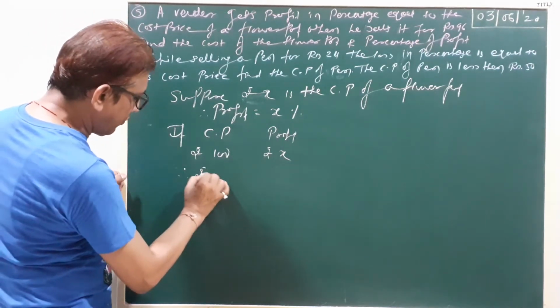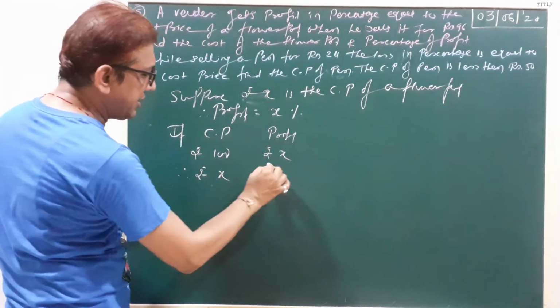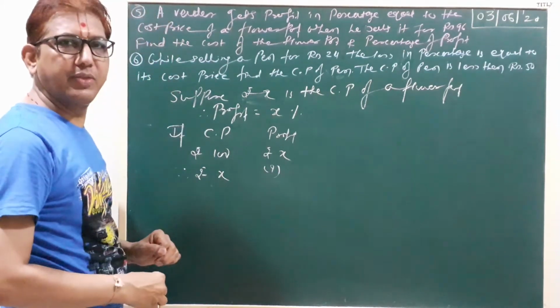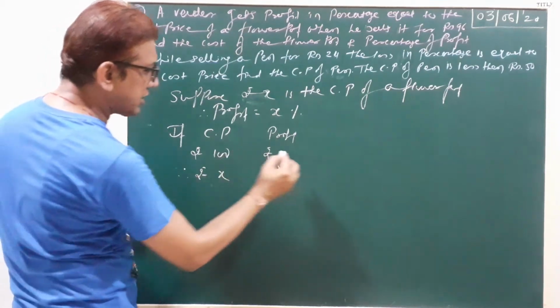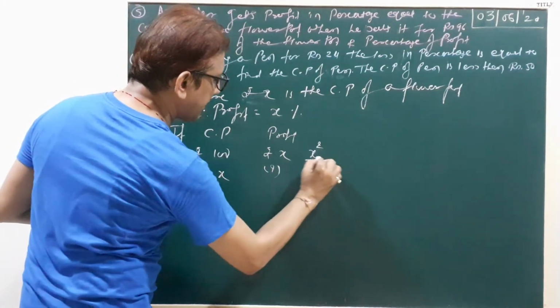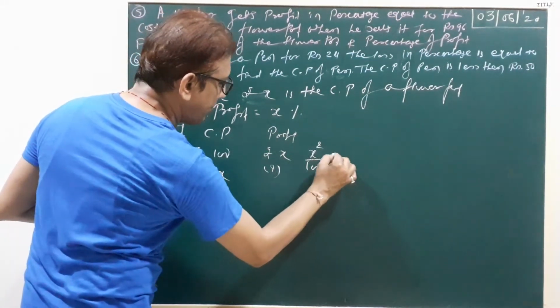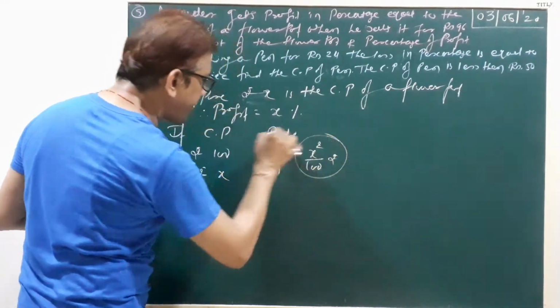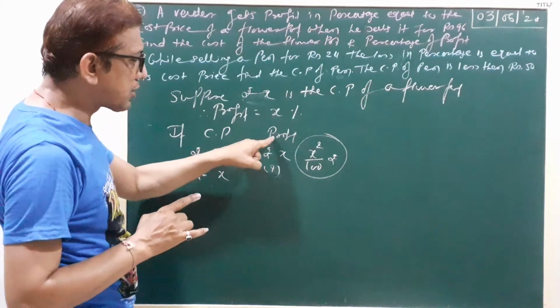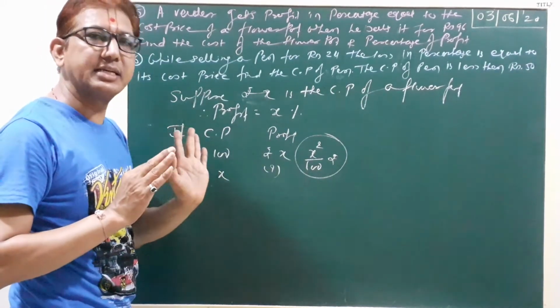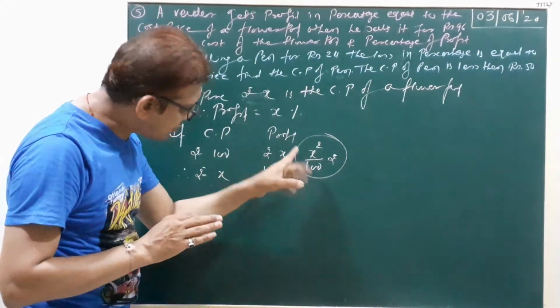Therefore, rupees X is the CP, so profit is the question mark. Clear? Now, cross multiplication: X into X upon 100. So X square upon 100 rupees. This is your profit in rupees. Is that clear? This one is most important.